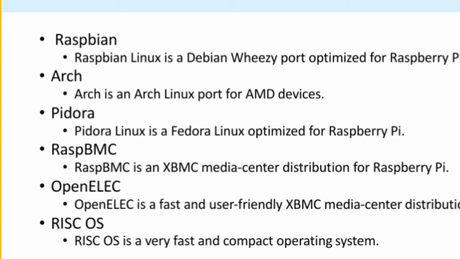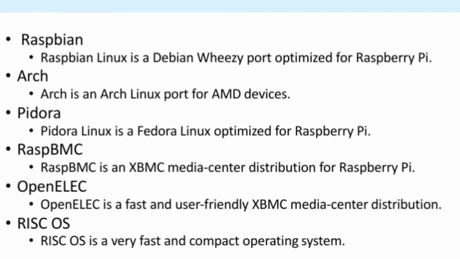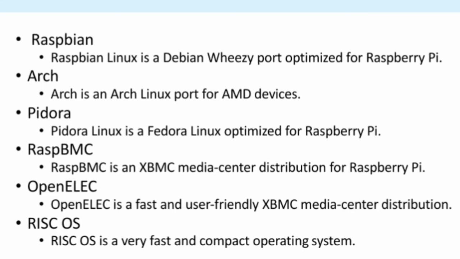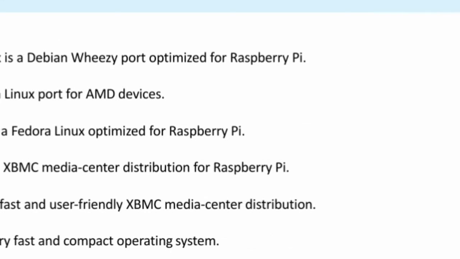RaspBMC is an XBMC media center distribution for Raspberry Pi. OpenELEC is a fast and user-friendly XBMC media center distribution. RISC OS is a very fast and compact operating system. We can select any one of them in our application.